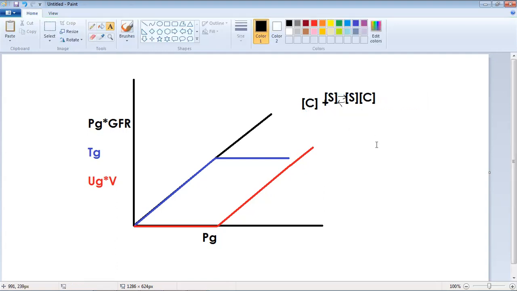I mean to say S plus C bidirectional arrow SC. I cannot write properly. So S, substrate, plus C, carrier, bidirectional arrow SC, substrate-carrier complex.